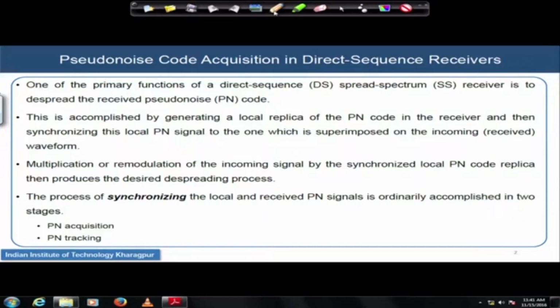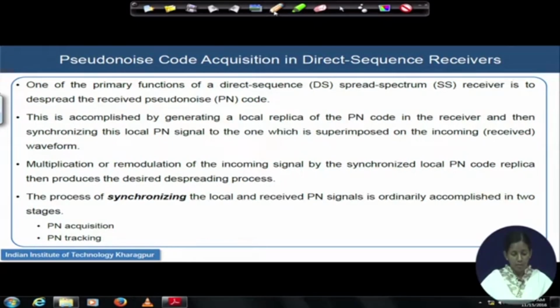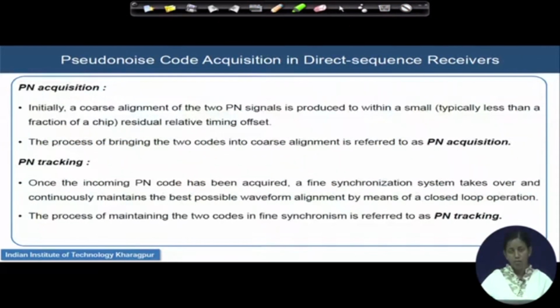Hence this synchronization will have two main parts: one is PN code acquisition and the second is PN tracking. Today we will enter into PN acquisition, and the whole synchronization process has mainly two parts: one is coarse synchronization, another is fine synchronization.